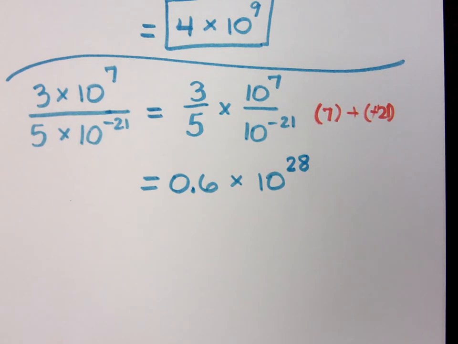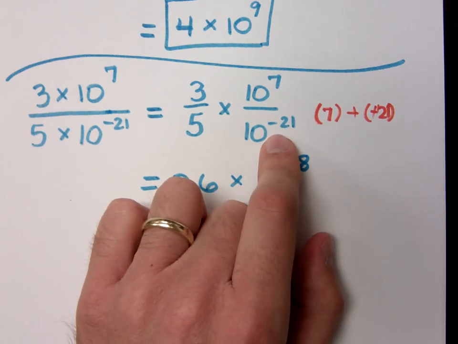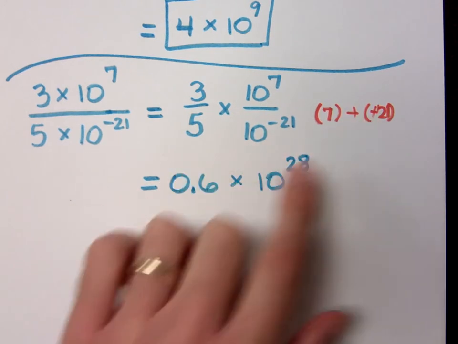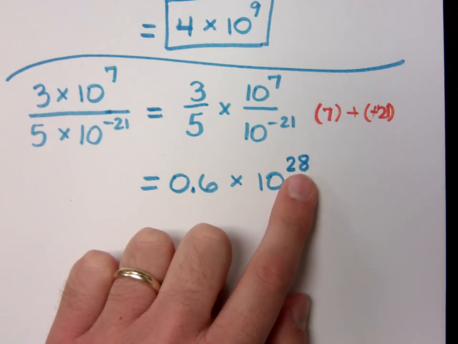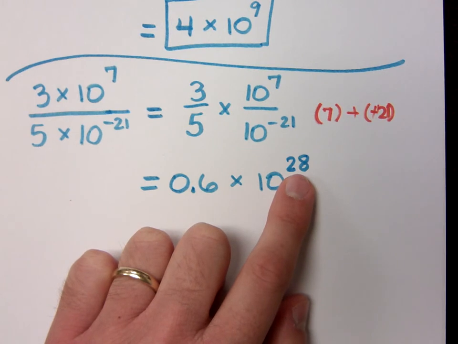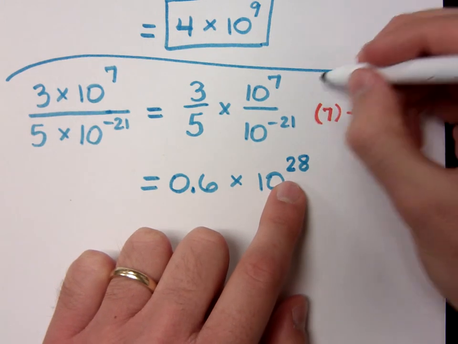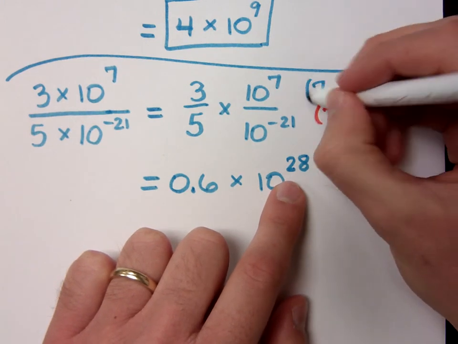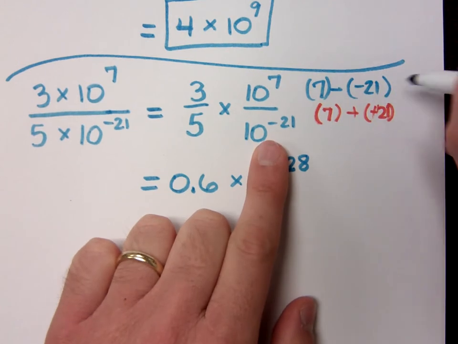When you do the quotient rule, it's the top exponent minus the bottom one. Since the bottom one is negative, a minus and minus is going to make that a plus 21. So 7 plus 21 is 28. When you divide, you subtract exponents. 7 minus, what's the denominator's exponent? Negative 21.